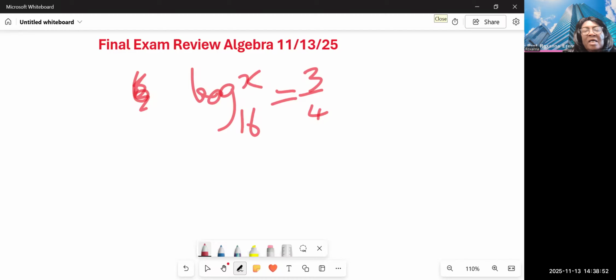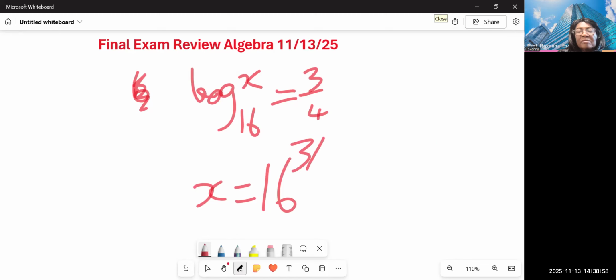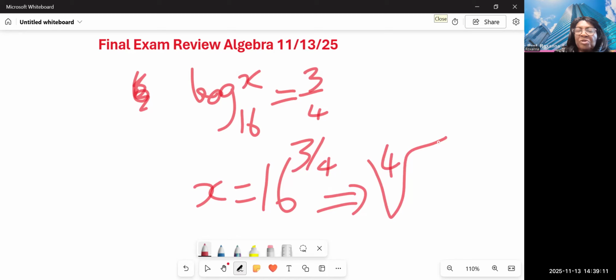I can now say that x is equal to 16 to power 3 over 4. What does it really mean? This really means x is equal to the 4th root of 16 cubed.